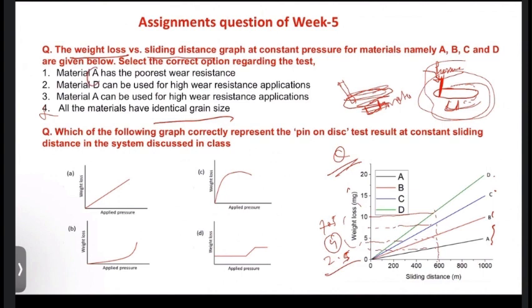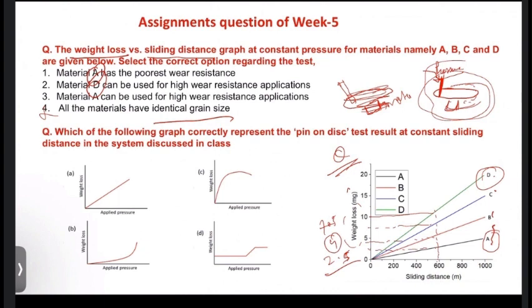Now, we have the B, A material and D material. D material has the highest weight loss. That means it does not have good wearing properties. It cannot give a good wear test under pressure.